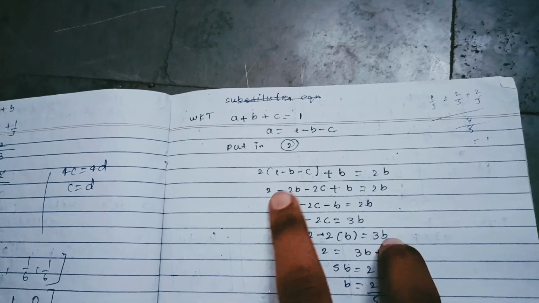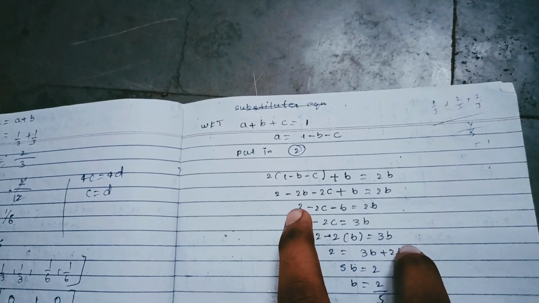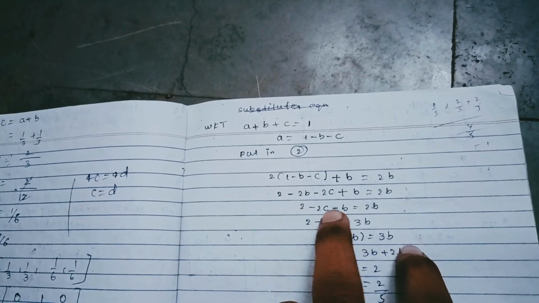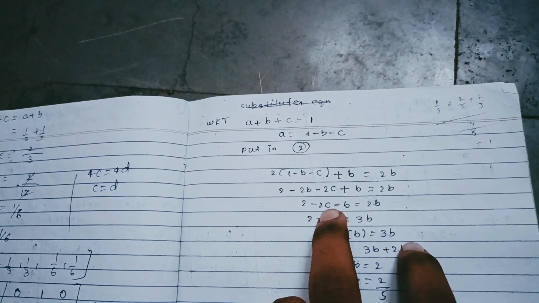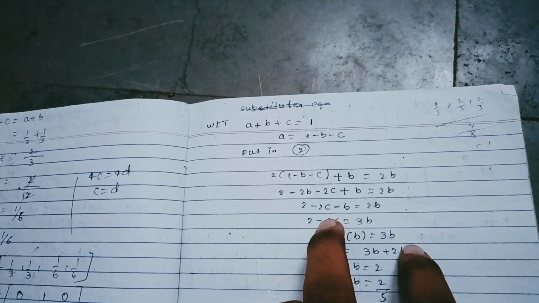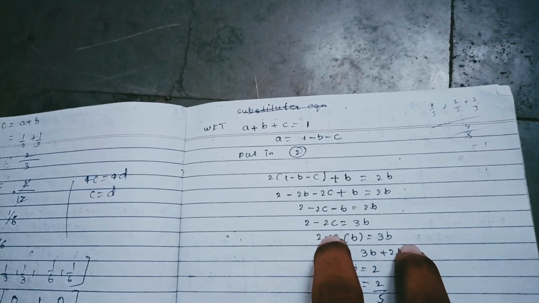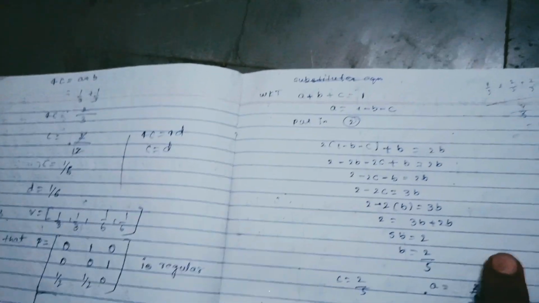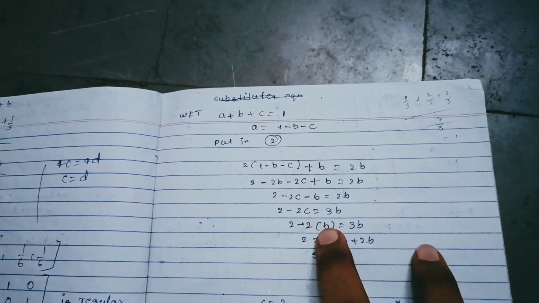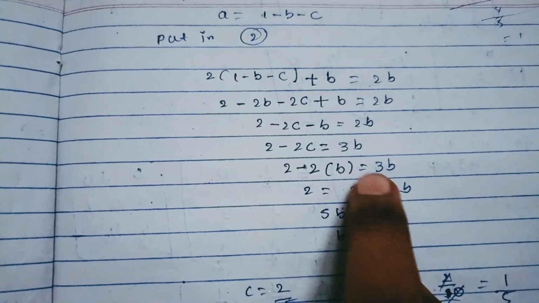So 2 minus 2b minus 2c plus b is equal to b, giving 2 minus 2c is equal to 3b. From equation 3, b is equal to c, so instead of c we can use b.